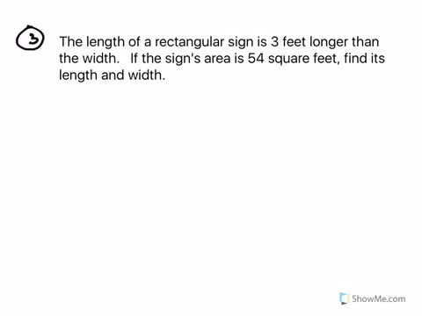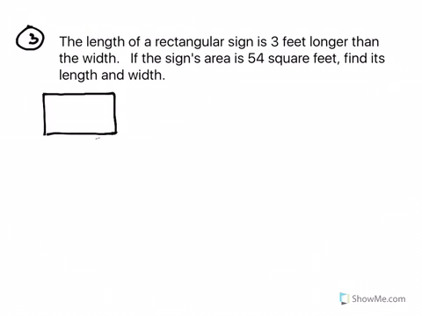Example 3. The length of the rectangular sign is 3 feet longer than the width. If the sign's area is 54 square feet, find its length and width. First of all, we need to get a diagram so that we could sort through the information given to us.